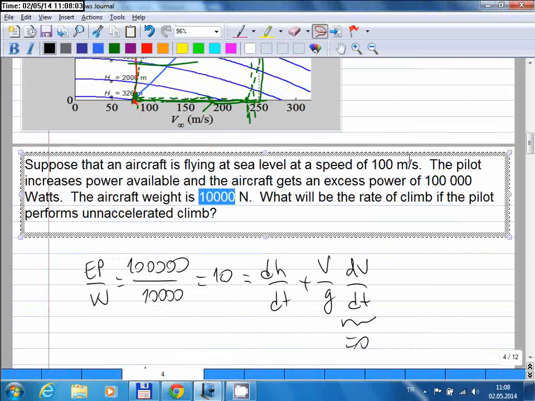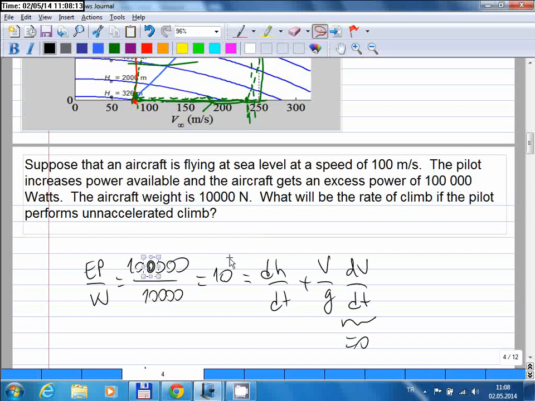Using this data, we can calculate the specific excess power, which is excess power divided by the weight. So for this aircraft, the specific excess power is 10, and the unit of this is meters per second, because the right hand side has units of meters per second.